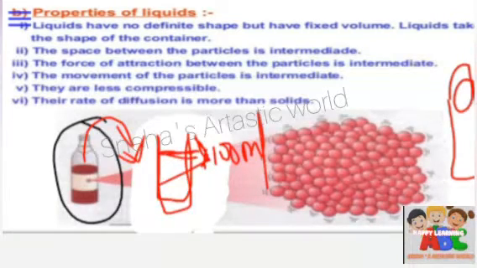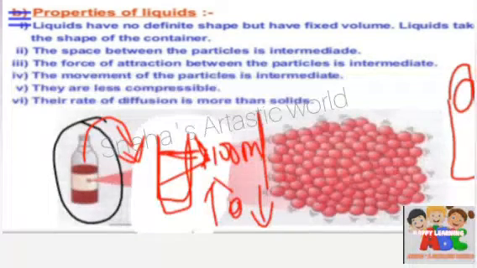Okay, clear? The next property is that the force of attraction between the particles is intermediate, because the space between the particles of liquid is also intermediate. Intermediate means between: not greater, not lesser.